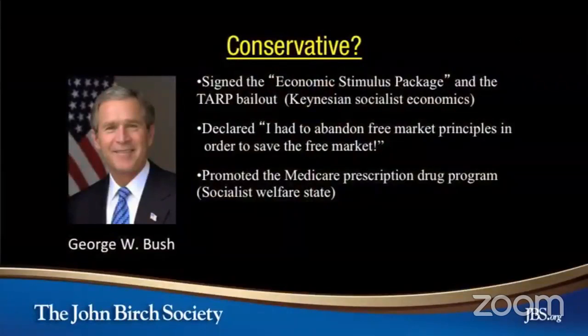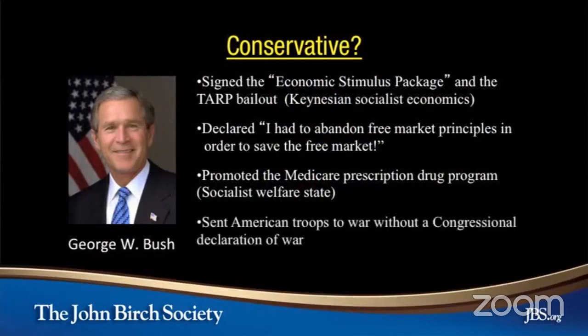Next, he expanded the Medicaid prescription drug program, which is clearly socialist welfare spending, and sent American troops to war without having Congress first declare war, circumventing the Constitution. And incidentally, in this process of going abroad to war, what was their purpose? We're spreading democracy. I think we covered pretty well in Lecture 1 the dangers of spreading democracy. It always leads to a socialist state.